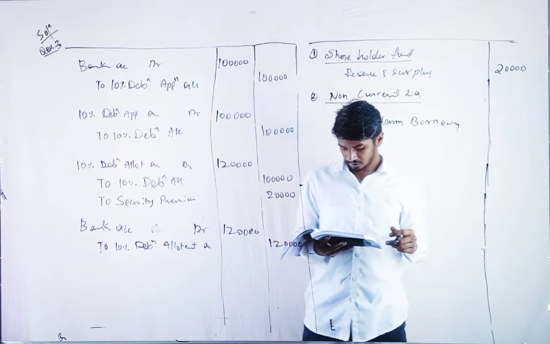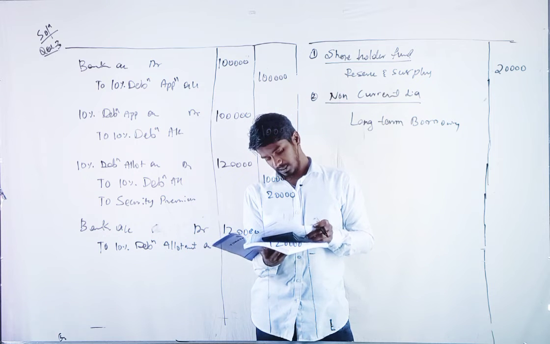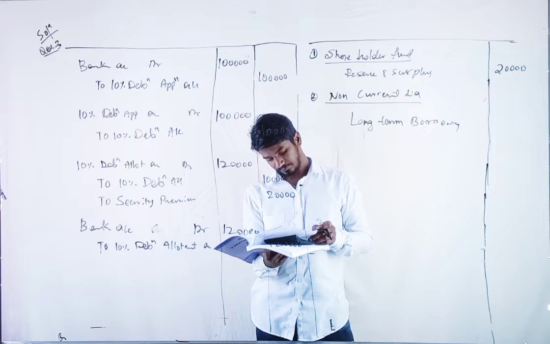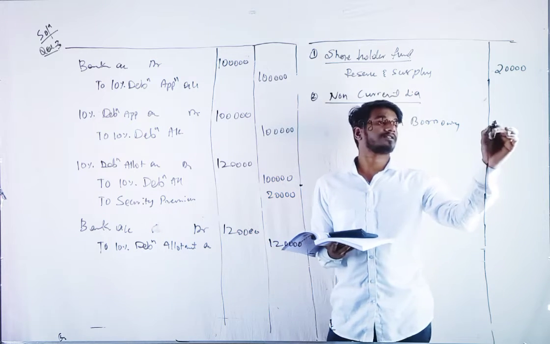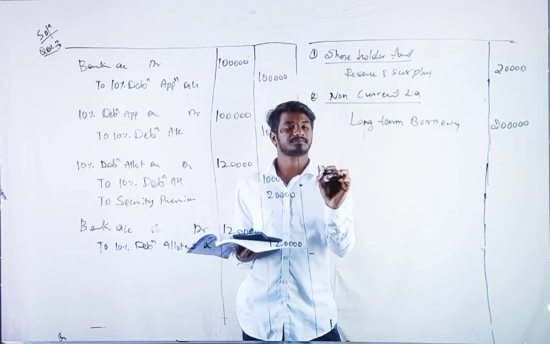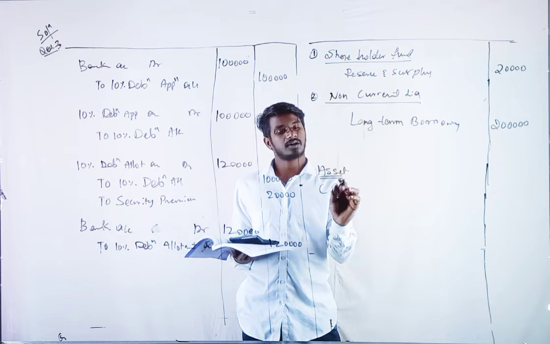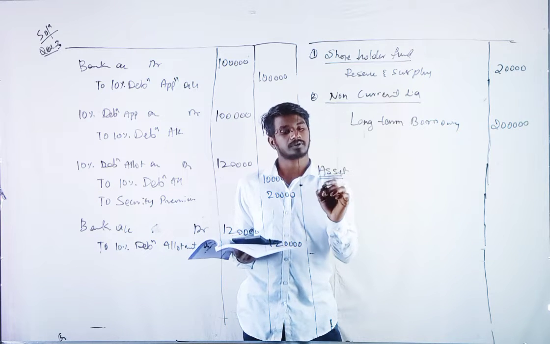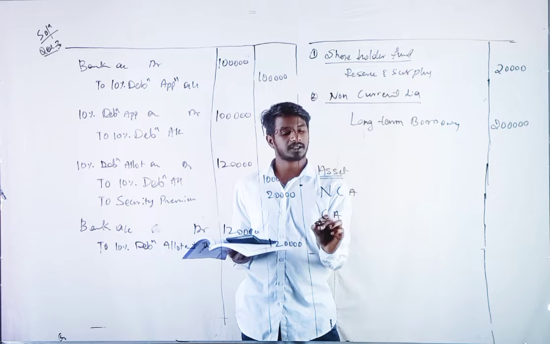How much long-term borrowings? It is 2,000 into 100, 2 lakh rupees. And in the assets, there is non-current asset, and we have another, current asset.